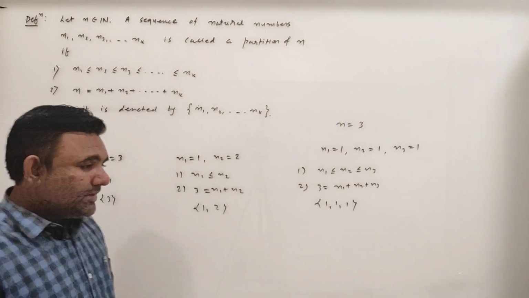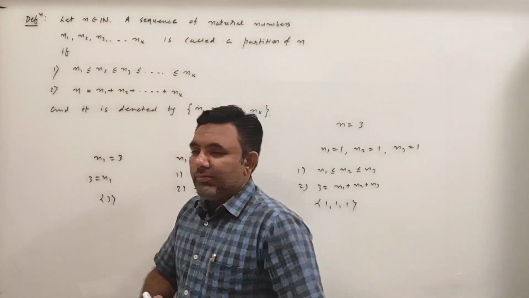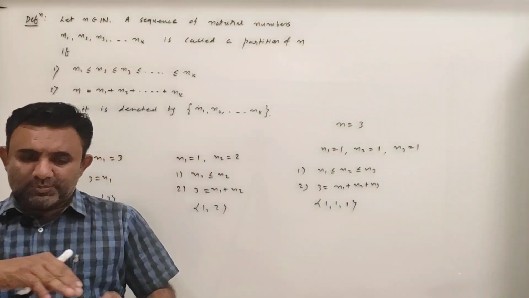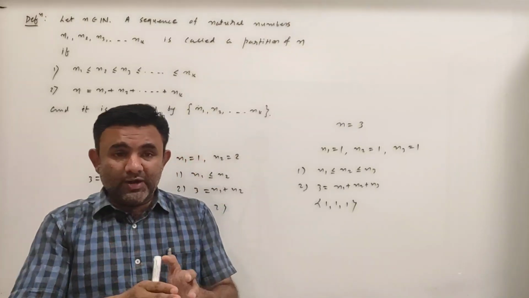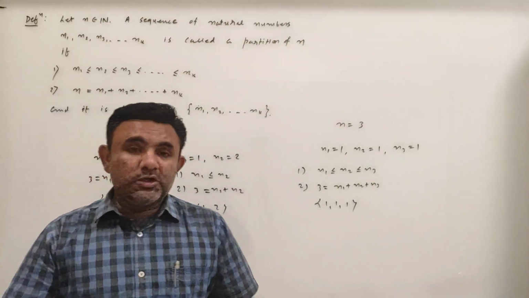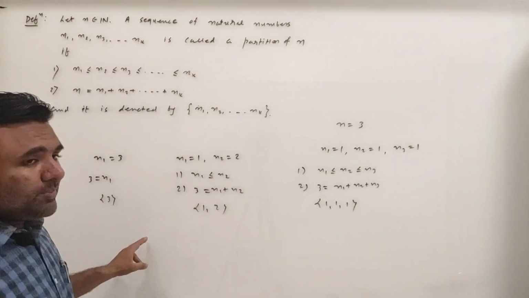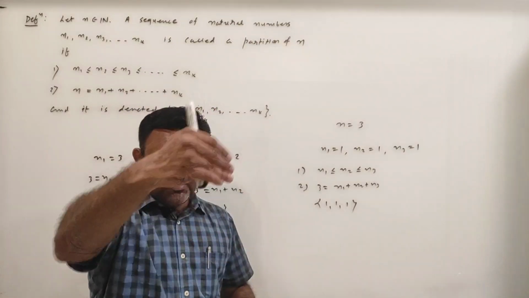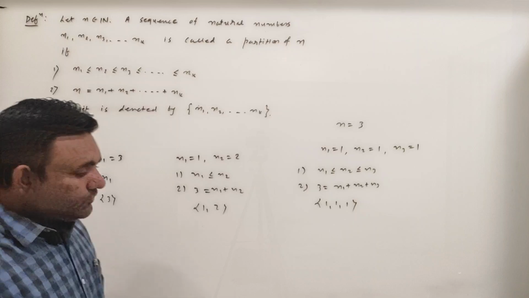So if you consider say 7, then you have 1 plus 1 plus 1 plus 1, seven times, then 1 plus 1 plus 1 plus 1 plus 1 plus 2, and so on. So 3 has 3 partitions, and 7 has some number of partitions. So I introduce one notation.